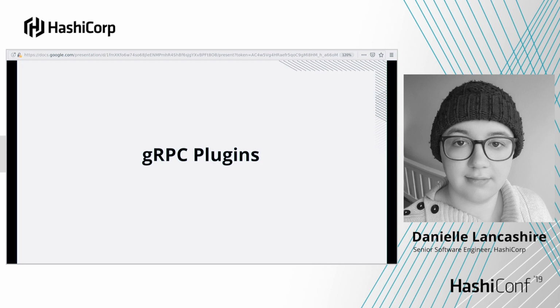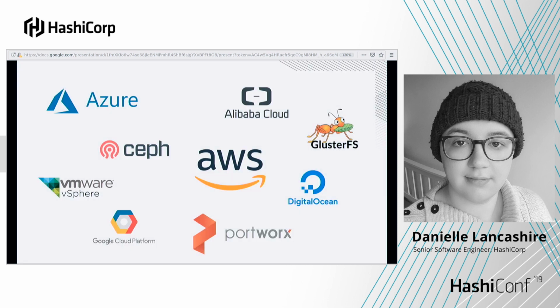And hides the implementation details of actually managing storage inside the plugin itself. And it already has support from many providers today. So things that run on-prem, like Ceph and Gluster and Portworx, to basically every cloud provider. Which means that when we ship this, wherever you're running, you can probably use it that day.